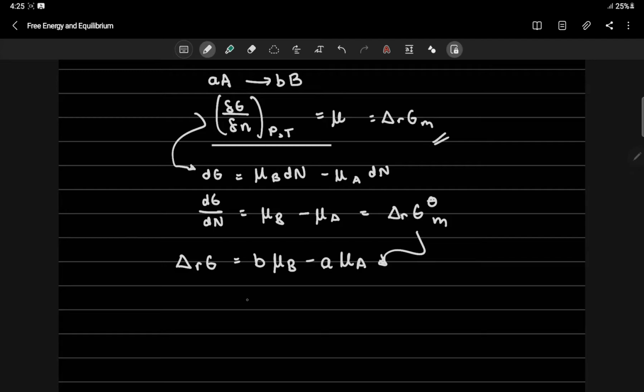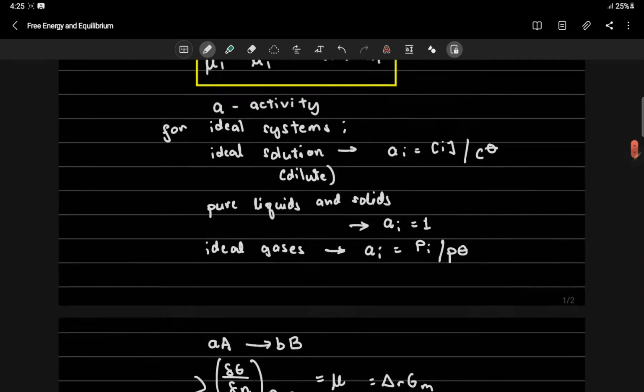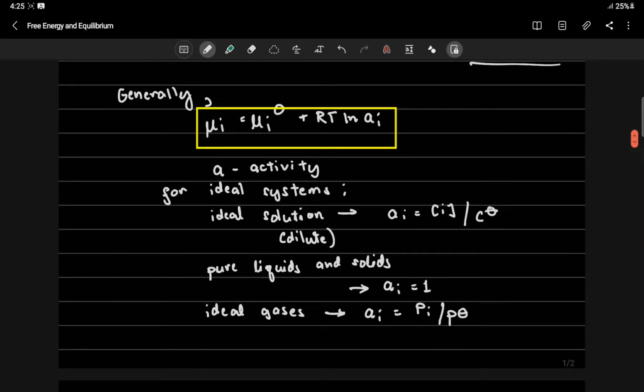And ang mangyayari dito is we can express this as what? B times, ano ba yung mu B? Di ba yun yung, if you're going to refer to this one here, eto siya, right?